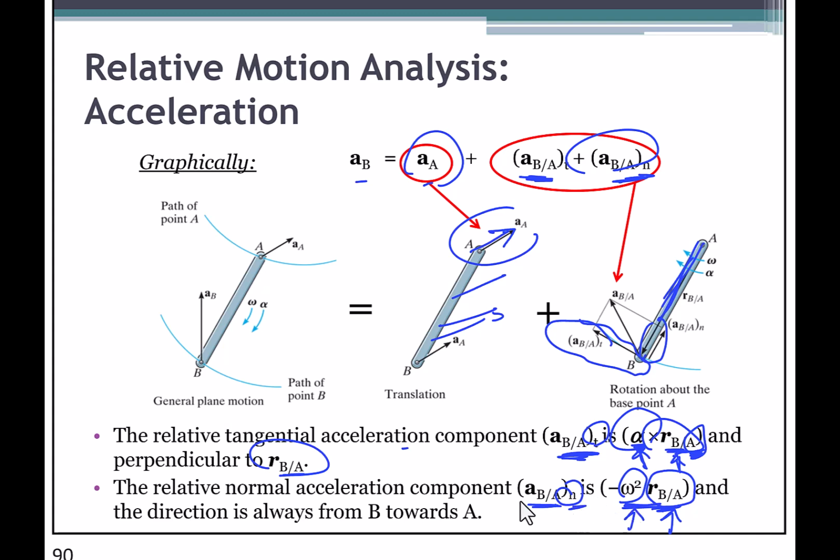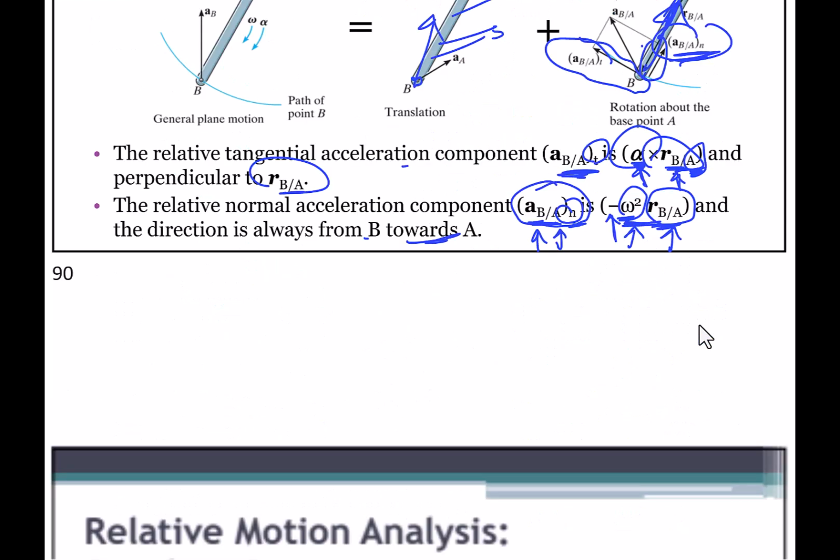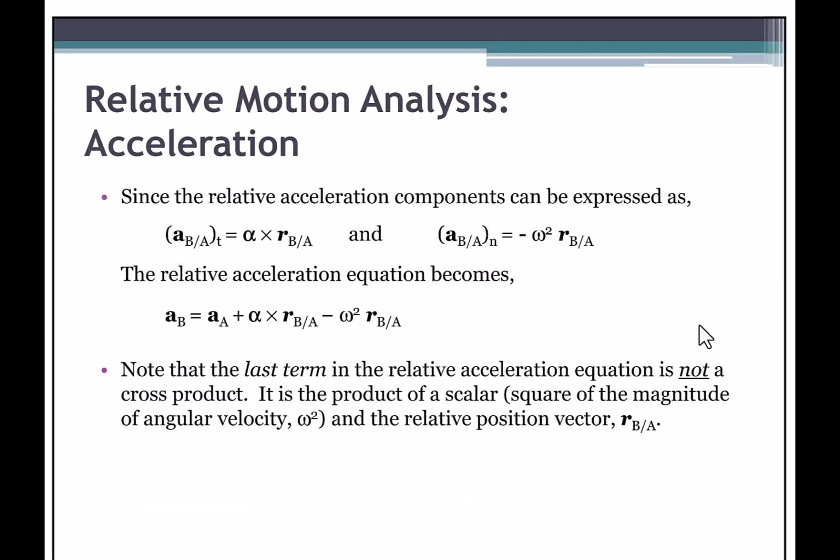So the normal component of the acceleration, if you have rotation of B with respect to A, is minus omega, the angular velocity squared, with a minus outside, times the relative position of B with respect to A. And the direction is always from B towards A. Other component is normal, like we've seen in the particle, the first 4 chapters.